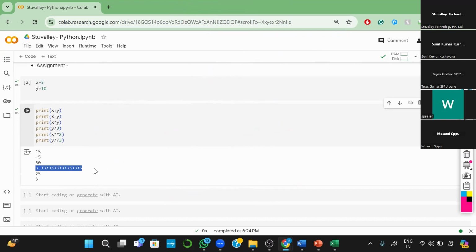So divisions are always in decimal format. If you want to get the actual integer value, you have to do the floor division. Clear, everyone? Guys, are we clear with these arithmetic operators?